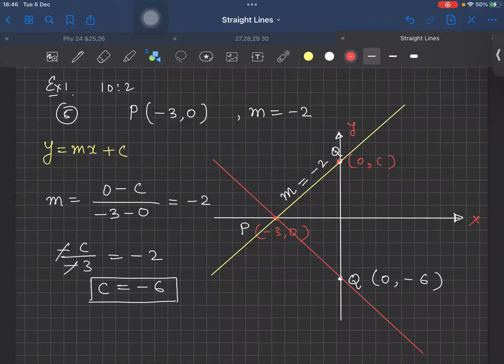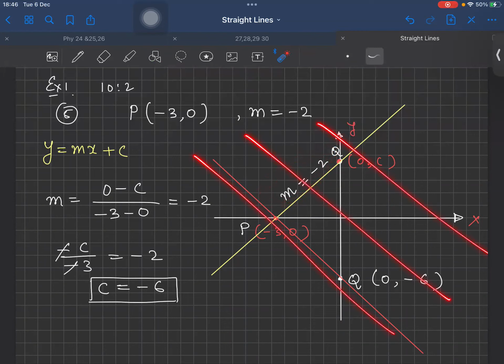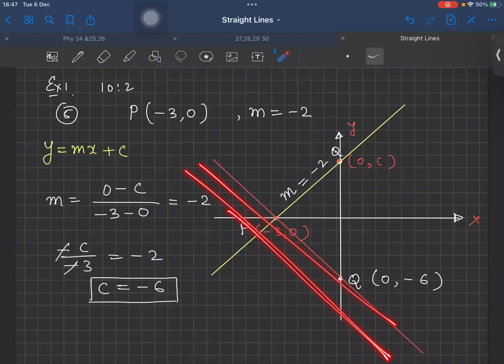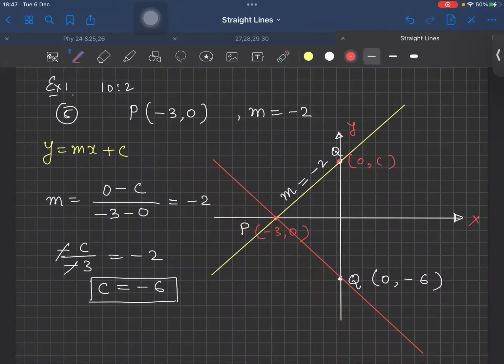But the actual line is this one, because the slope is already given as -2, right? So with slope -2 the line will always look like this, and it intersects the y-axis here, because on the x-axis it is a negative intersection. So the required line is actually this red line.